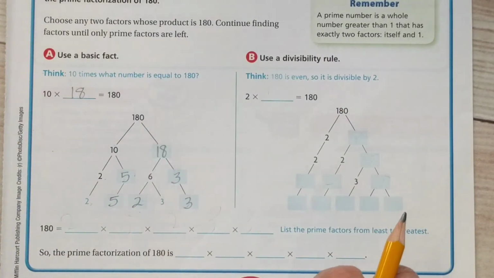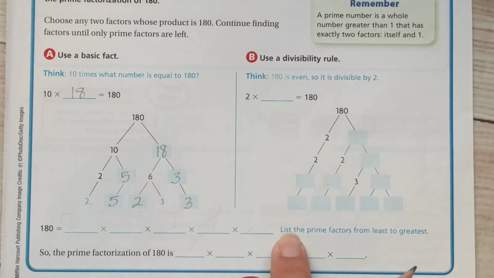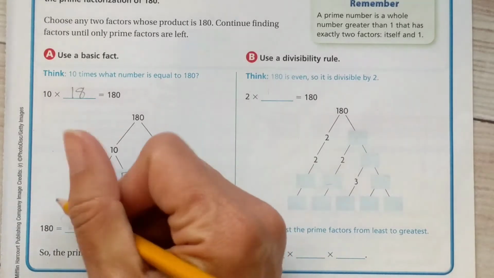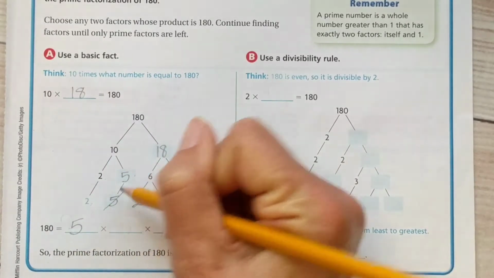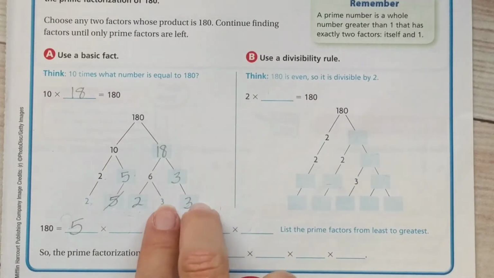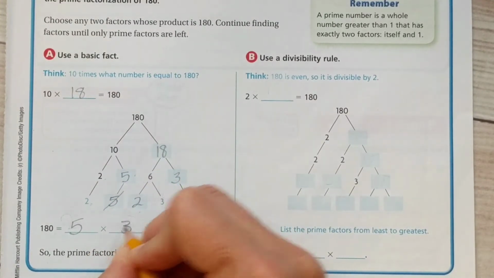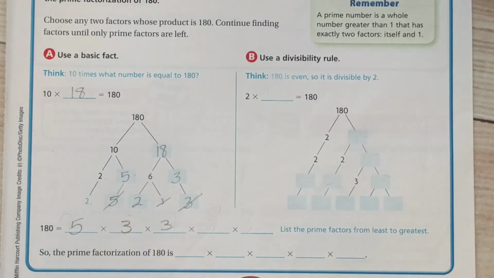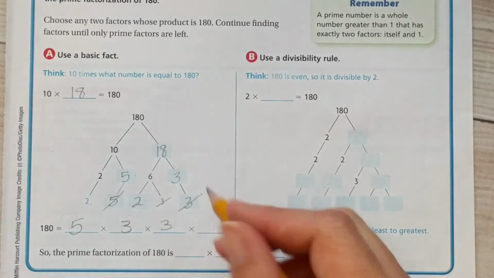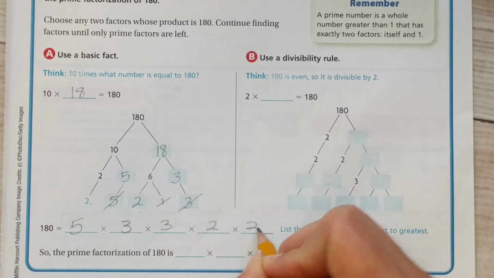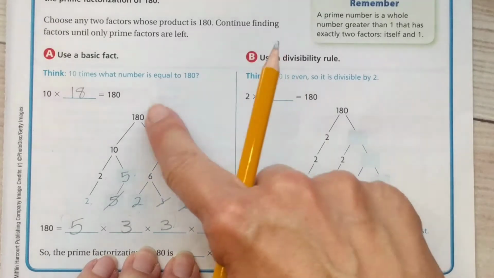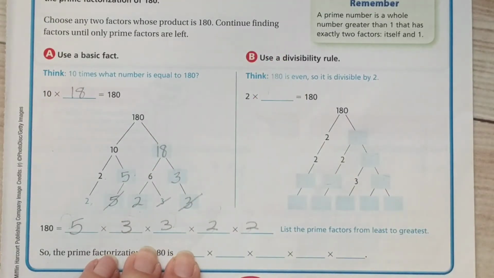When writing out our factors for our solution, we always start with the largest factor first. So we're going to write the 5 first, and order does matter. Then we have 2 3s, so we go 3, 3, and I cross these out to keep myself organized and know which ones I've used. And then we have 2 2s, 2, 2, and this is the prime factorization of the number 180.